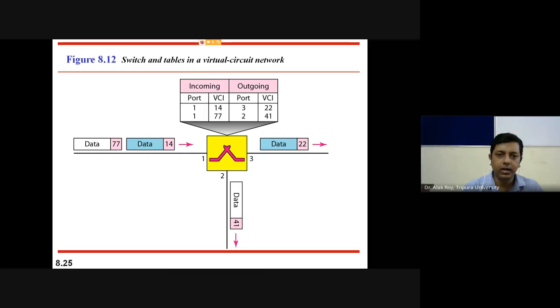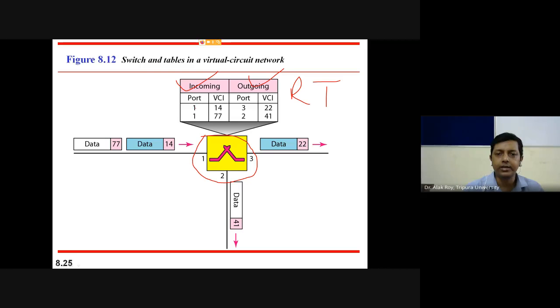Then how it works: a switch will store a routing table. This routing table will have some information for incoming and some information for outgoing.